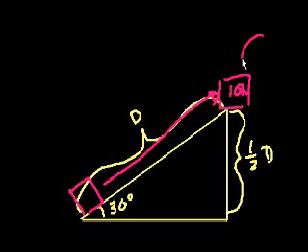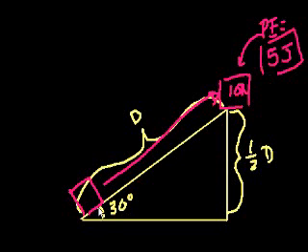The potential energy at this point is going to be 10 newtons times its height, which is going to be 5 joules. And that's also the amount of work one has to put into the system in order to get it this high in the air. So what is the force that we had to apply?